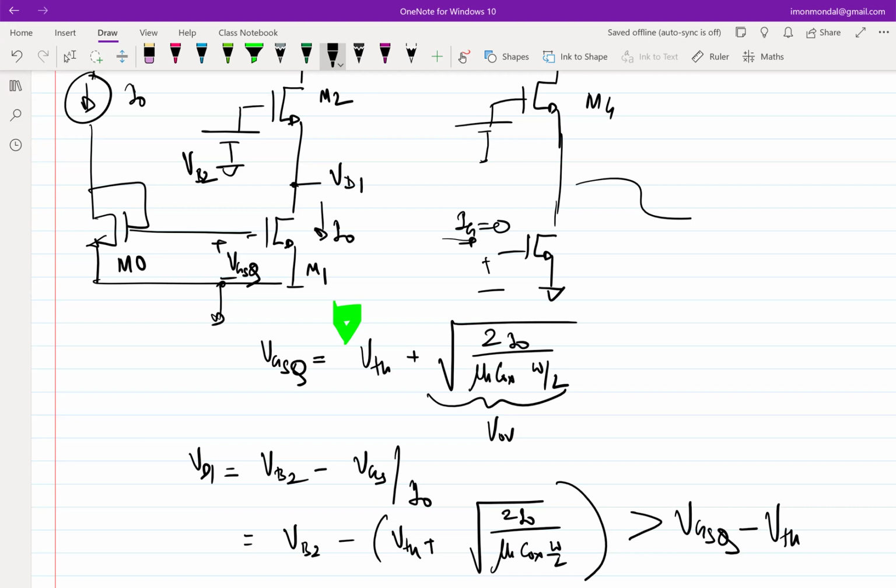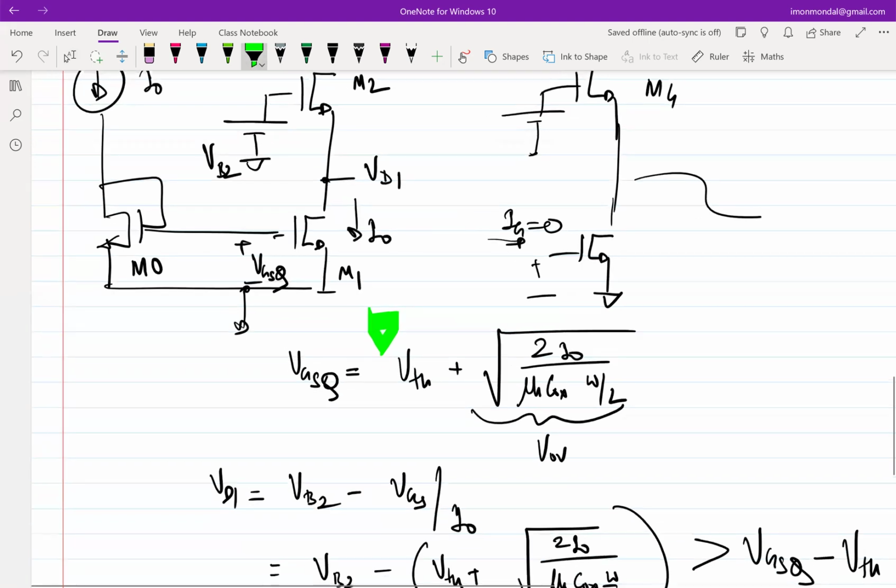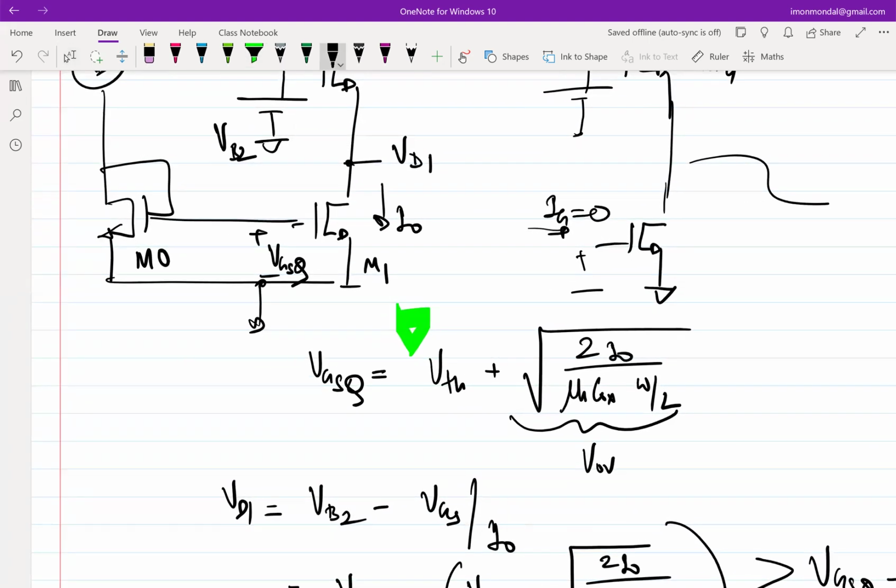Okay. So we have to ensure that M1 remains in saturation, right? So the condition of saturation for M1 is what? VD1 should be greater than VGS minus threshold voltage.